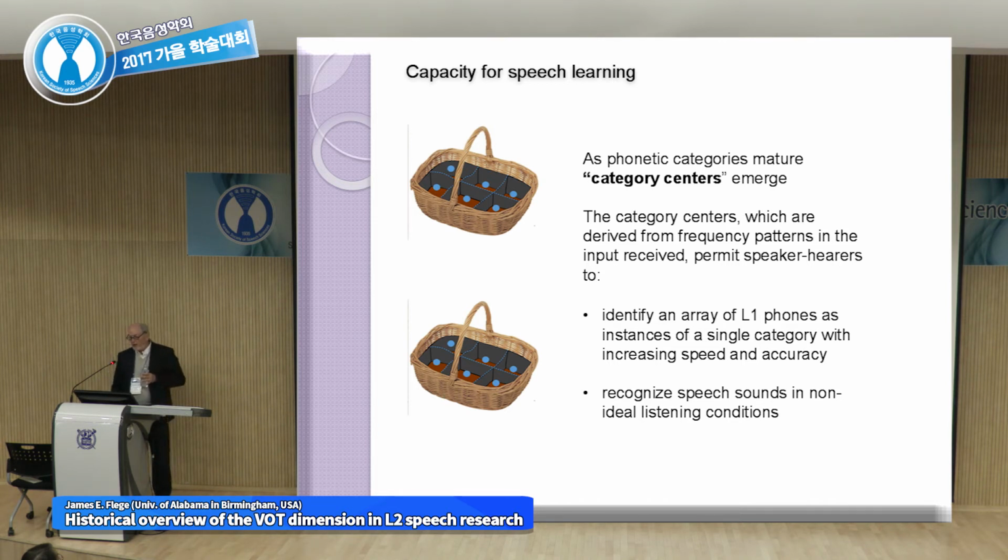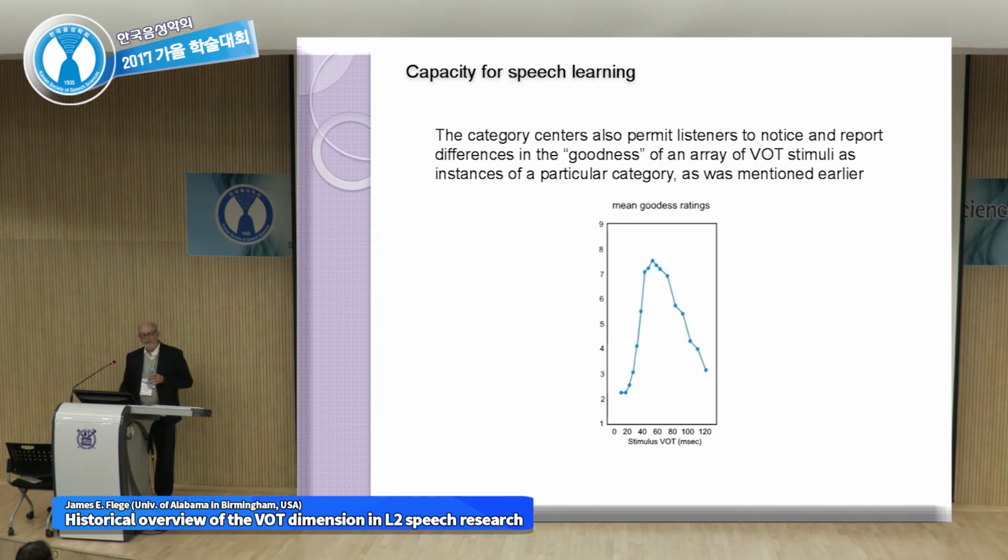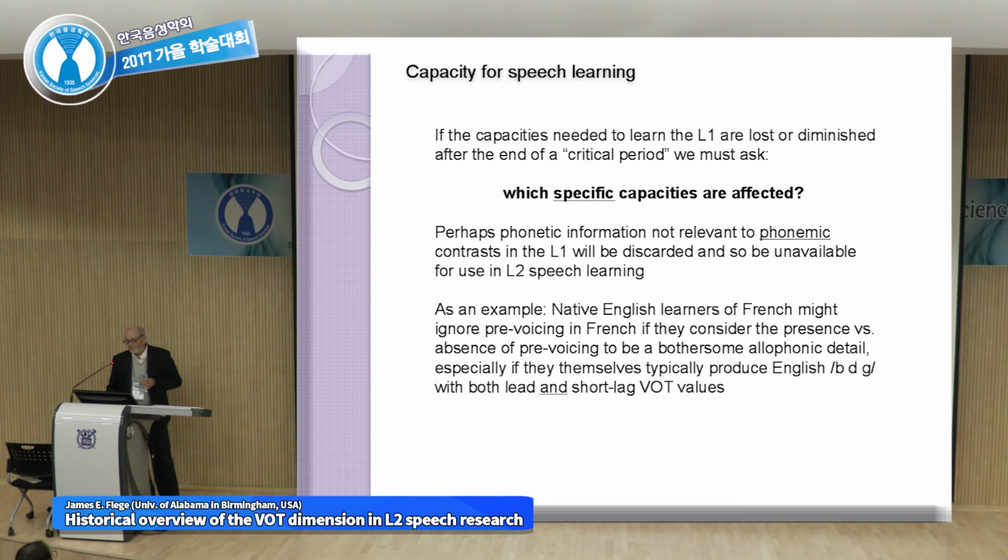The category centers, which are derived from frequency patterns in the input received, permit speaker-hearers to identify an array of L1 phones as instances of a single category with increasing speed and accuracy, and to recognize speech sounds in non-ideal listening conditions. The category centers also permit listeners to notice and report differences in the goodness of an array of VOT stimuli as instances of a particular category, as was mentioned earlier.